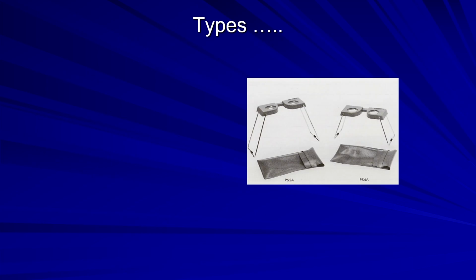Now, types of stereoscopes: this one is the pocket stereoscope, as we usually call it, and the pocket stereoscope has just two lenses. These are adjustable, and you can fix them.